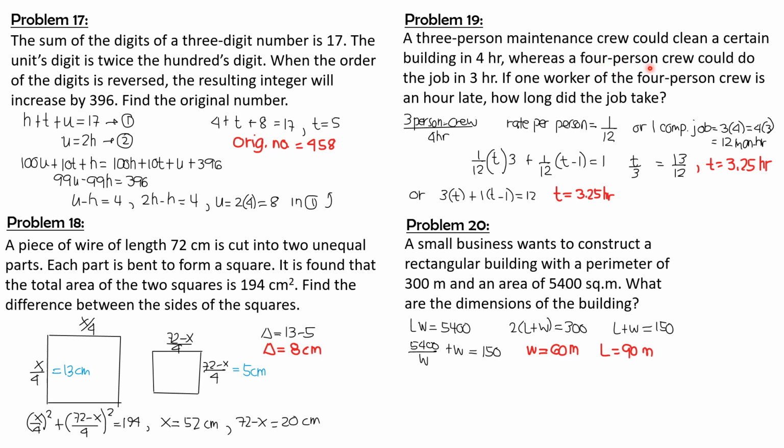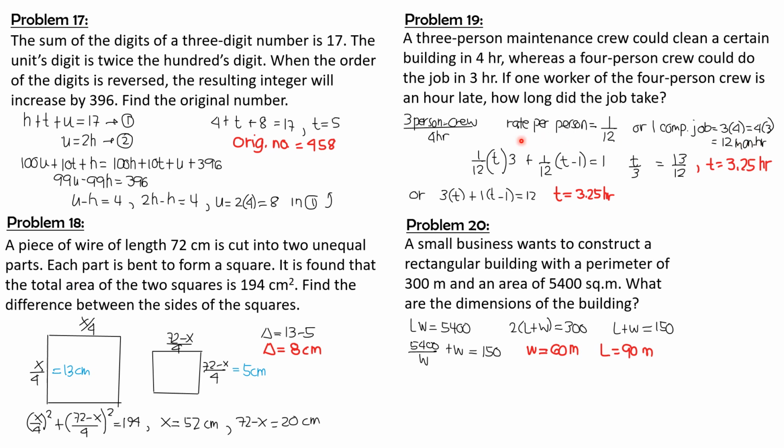Likewise for a 4-person crew, 4 times 3, so 12 man hours also. That's why the rate of one person is 1 over 12. So one complete job is also 3 times 4 or 4 times 3 or 12 man-hours.